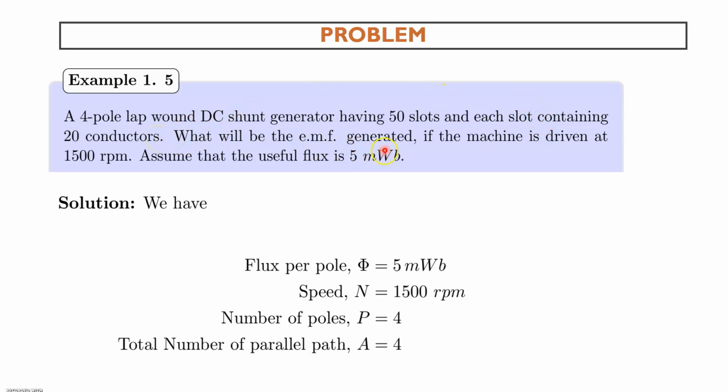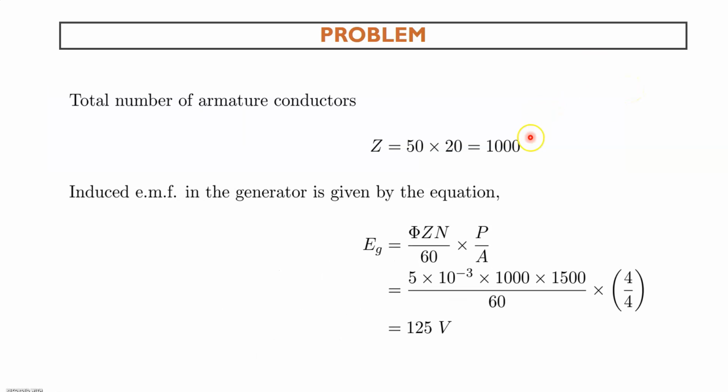For one slot the number of conductors is 20, and there are 50 such slots. So 50 into 20, that is 1000, is the total number of armature conductors.